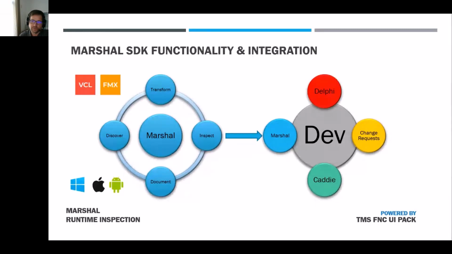Ultimately, the inspect part is the visual UI. And what I did, I took the concept that you're already familiar with, the object inspector in the IDE, and Marshal provides a specialized runtime inspector, Object Plus, using the TMS FNC UiPack components. And you can extend inspection by writing your own custom inspector, which we'll see later in the presentation.